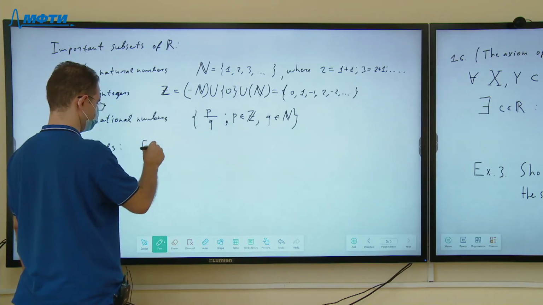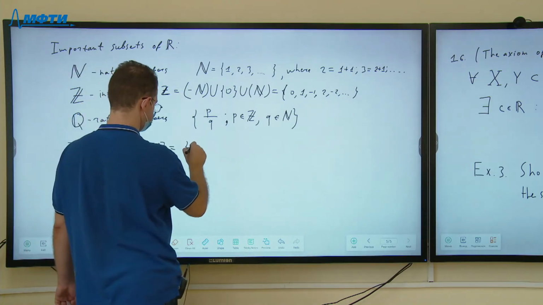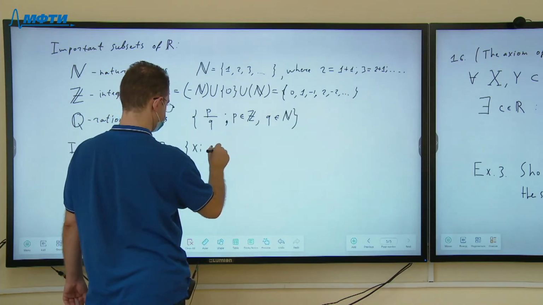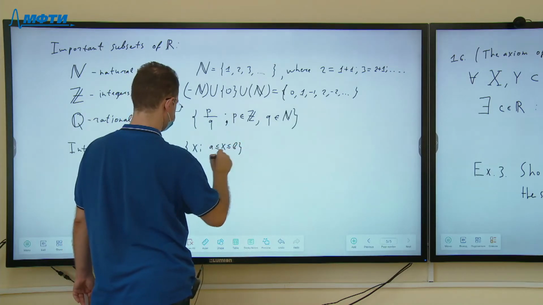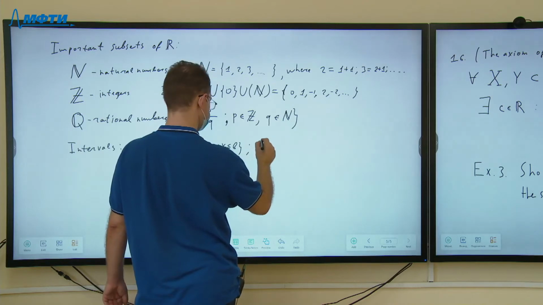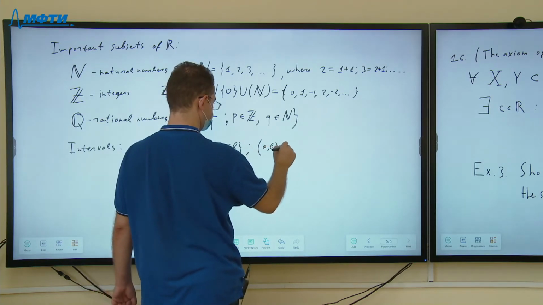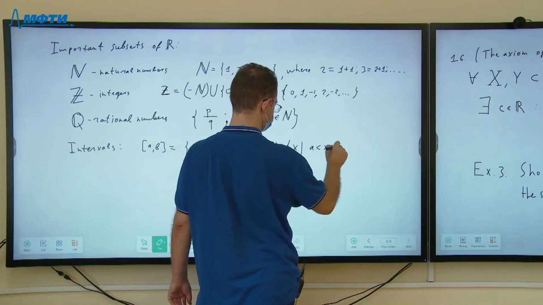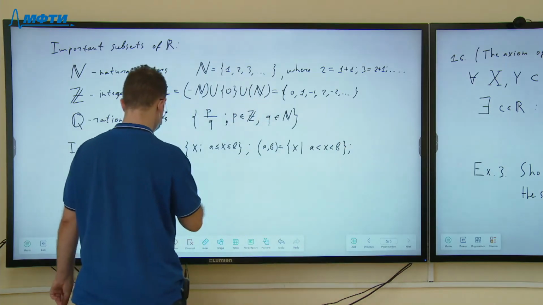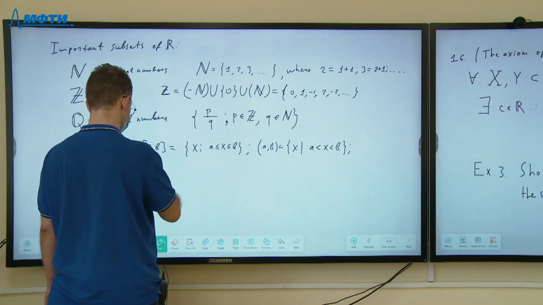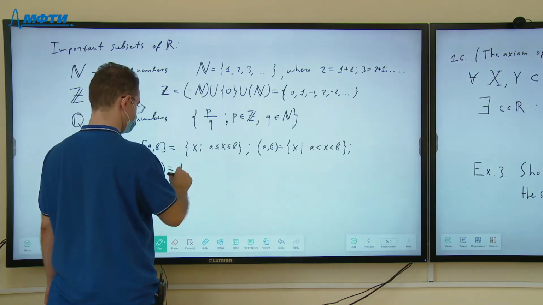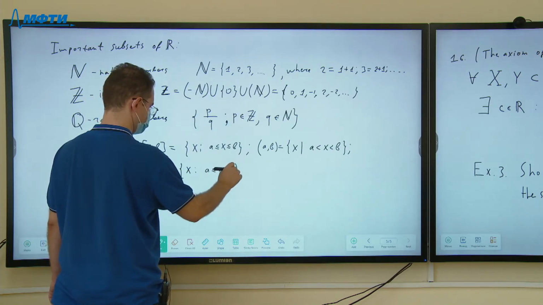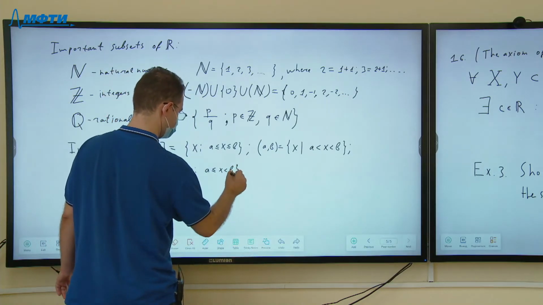Like from a to b is the set of x such that a less than x less than b, open interval. Then semi-open interval, and so on.